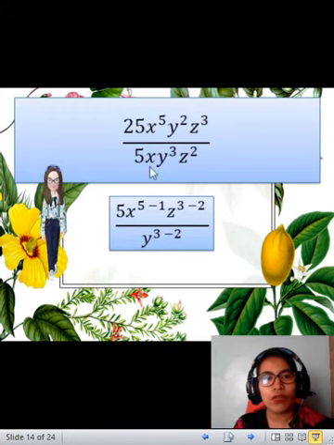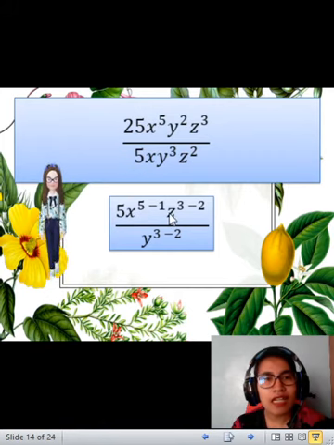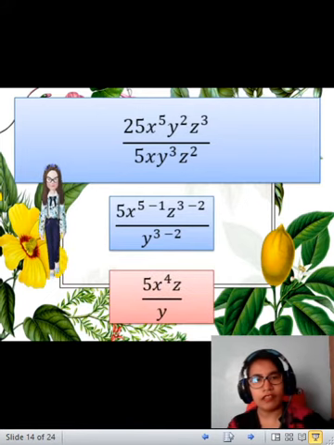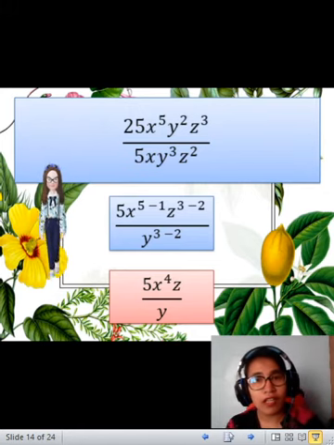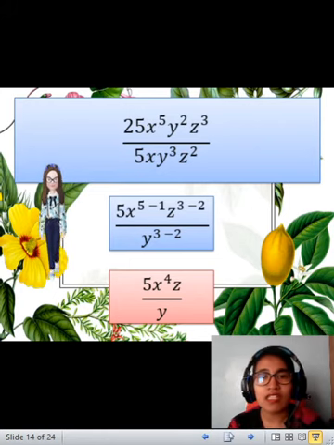And therefore, we can have 5x raised to 4 z all over y. That's our final answer. Again, the variables can be in the numerator or in the denominator. It depends which is highest.